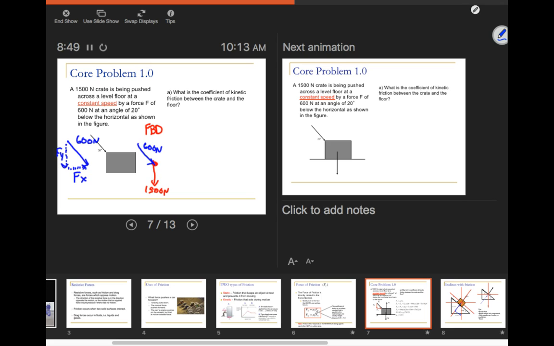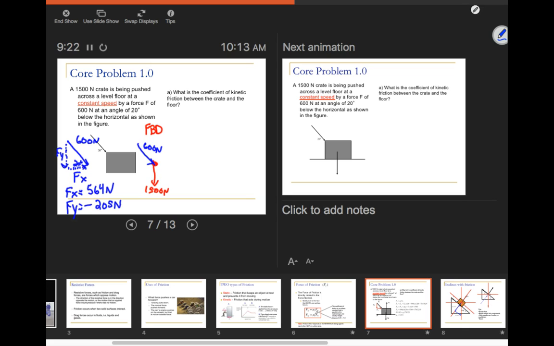And this is 20 degrees in here. So cosine of 20 degrees times 600 is going to give us the F of x. So our F of x equals 564 newtons. Our F of y, which is negative sine 20 times 600 newtons, is negative 205 newtons.